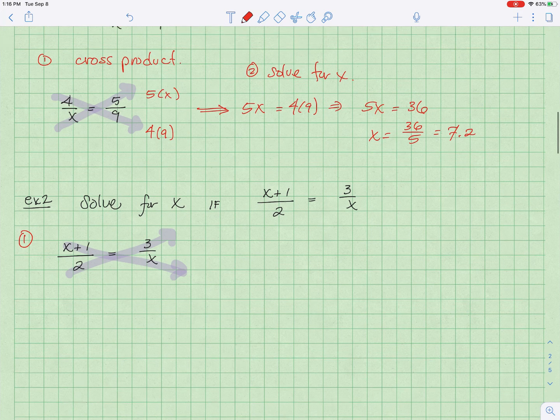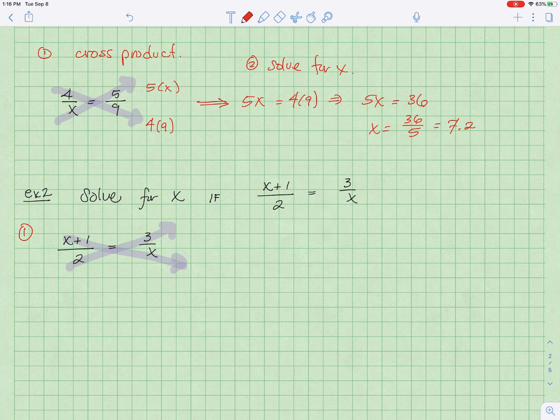For our upper product, we'll get 2 times 3. And for our lower product, we'll get x plus 1 times x. And that will mean that 6 is equal to x squared plus x when we multiply those out.